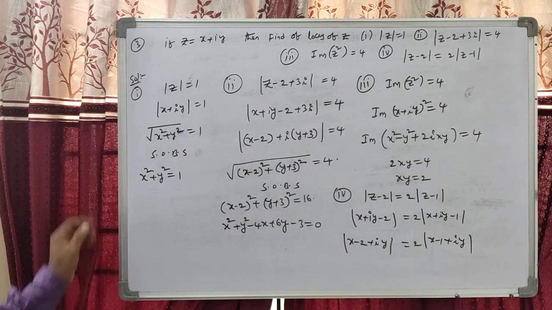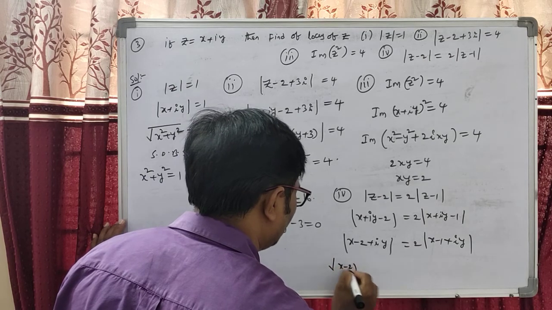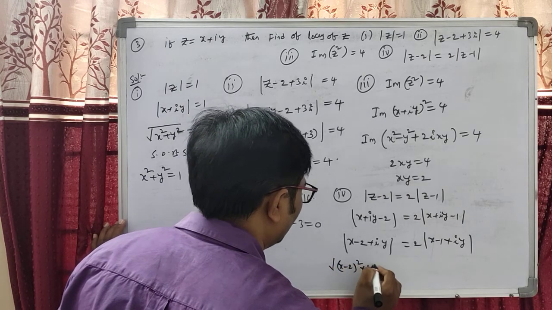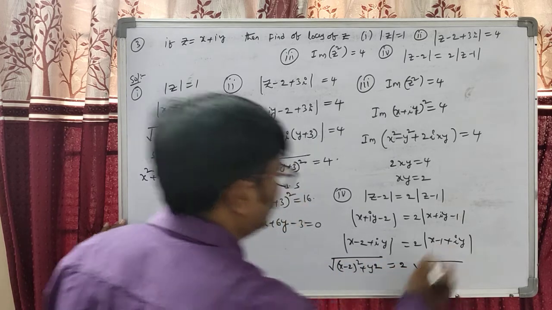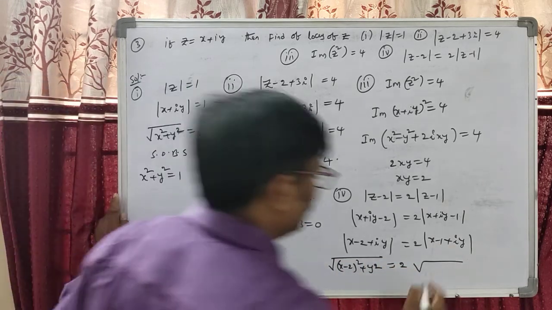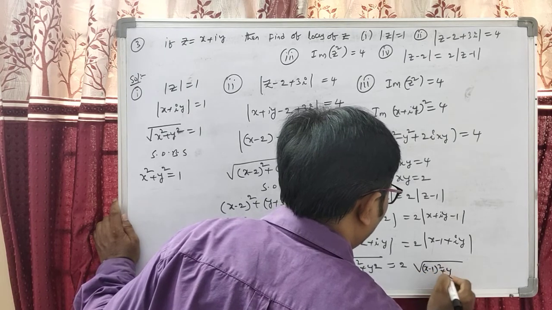So students, how is it? It is the square root of (x − 2) whole square plus y square, equal to 2 into the square root of (x − 1) whole square plus y square.